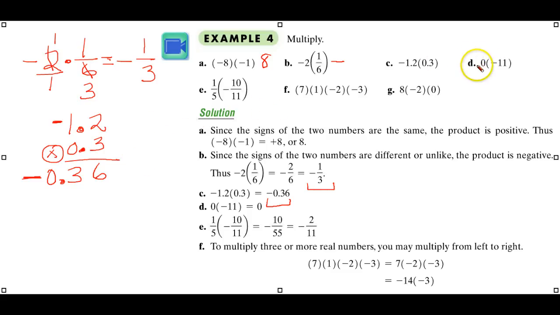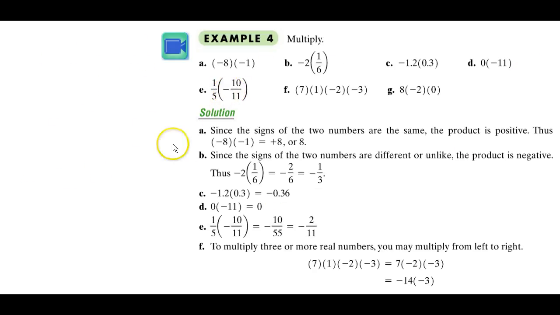Now in letter D, anything times 0 is 0. And then here we say, can we do some cross-canceling? And the answer is yes. So let's just write it out. 1/5 times a -10 over 11.